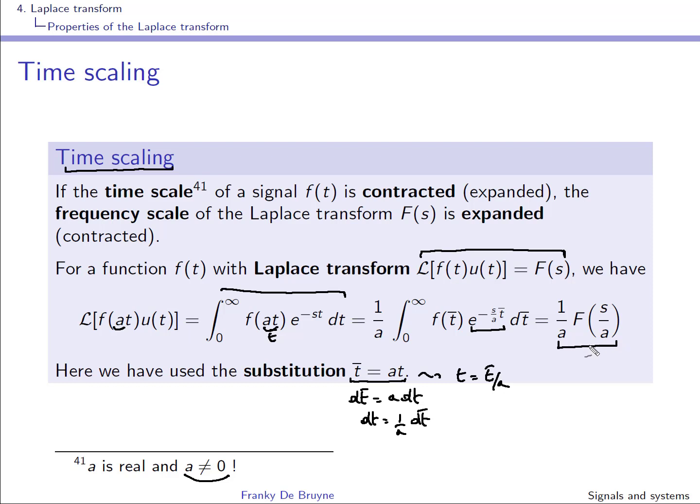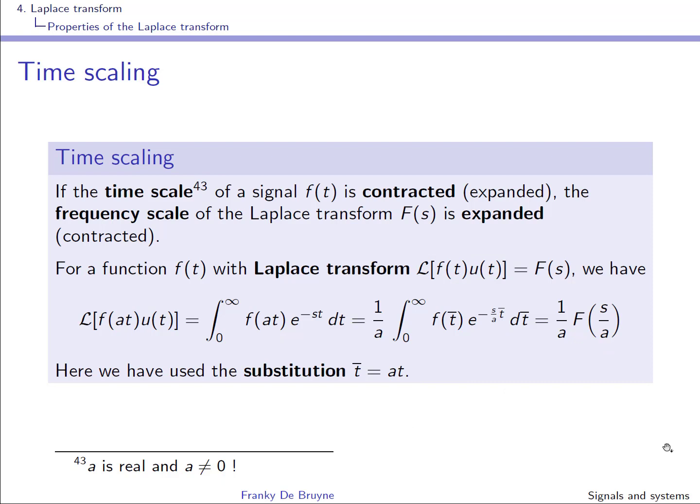So you can see that if you contract in the time domain, because of the 1 over a over here, you'll have expansion in the frequency domain. And if you do expansion in the time domain, you'll do contraction in the frequency domain.